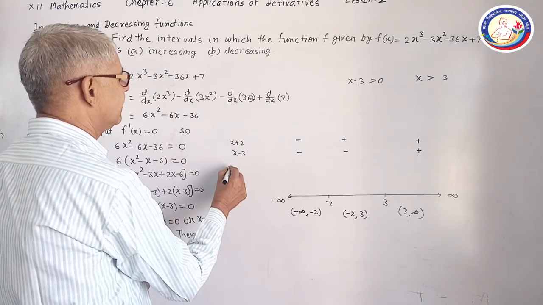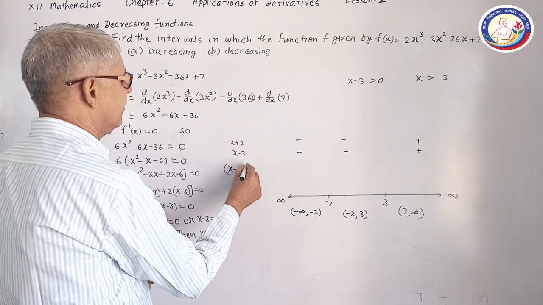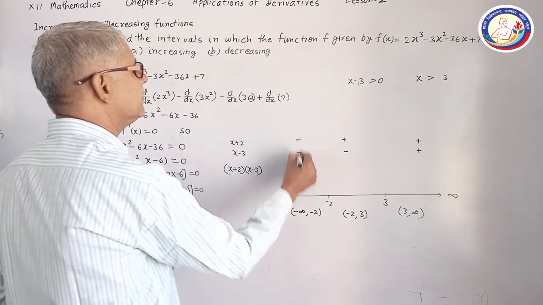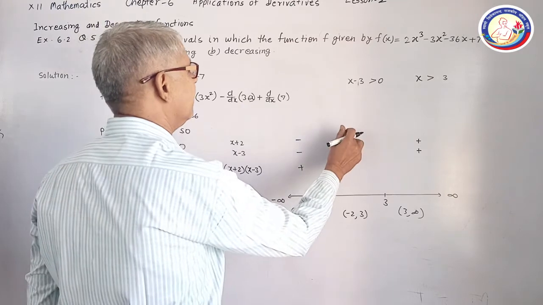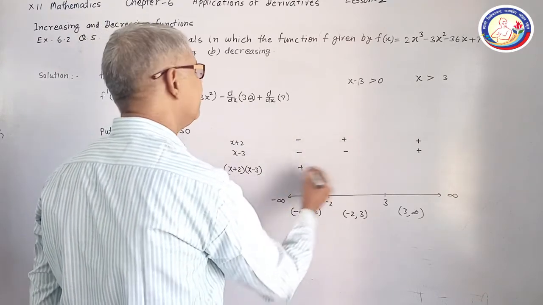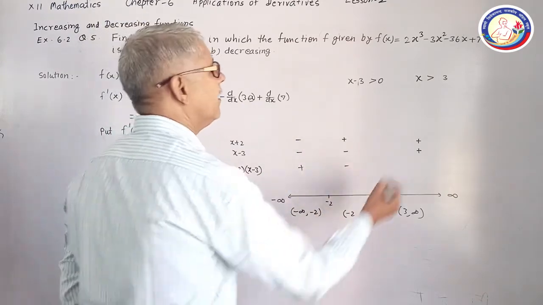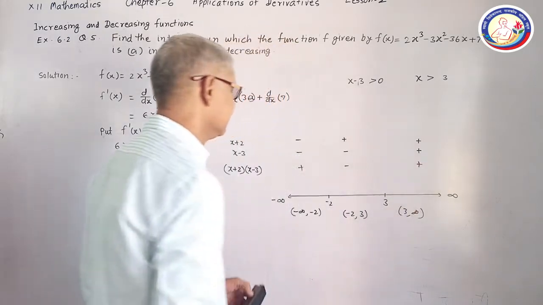Again, the product (x - 3). This will be positive because minus and minus multiplied gives a positive number. If one is positive and the second is negative, the sign is negative, and this is positive.